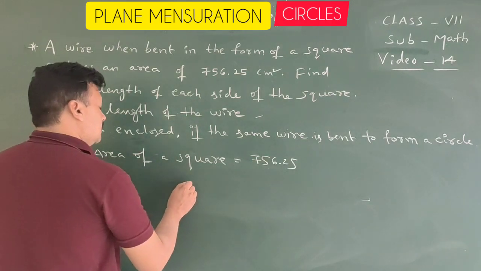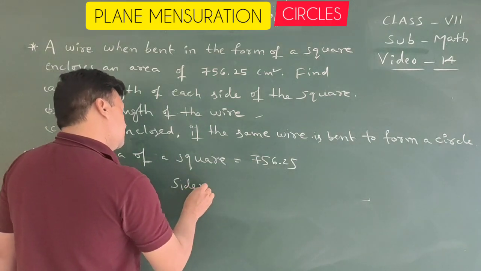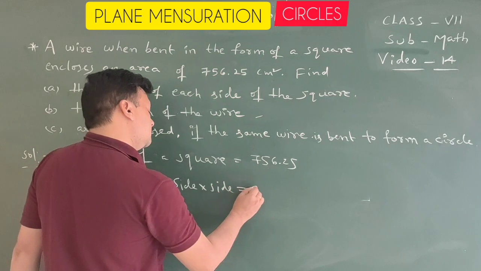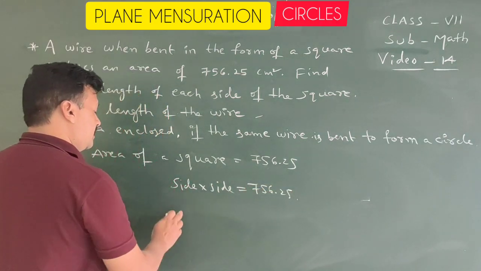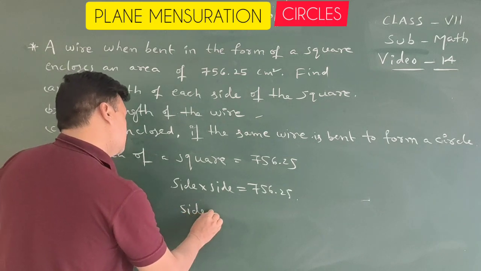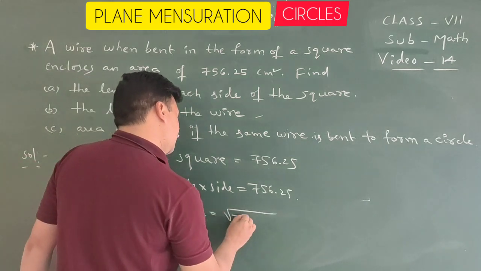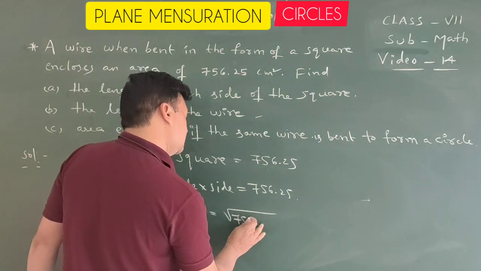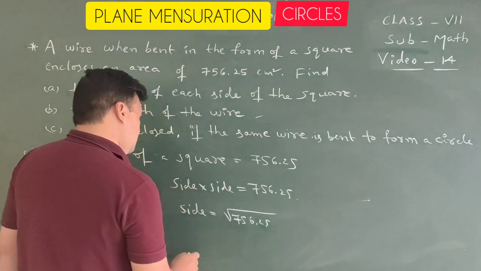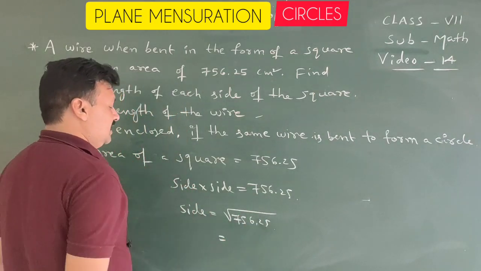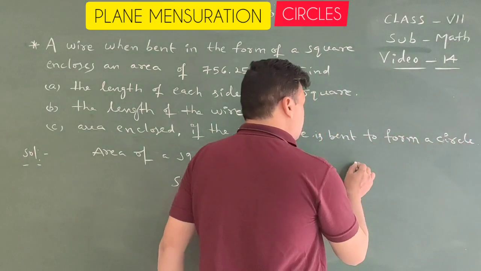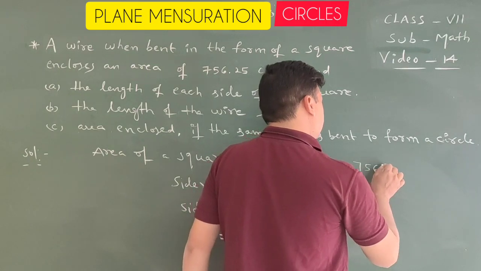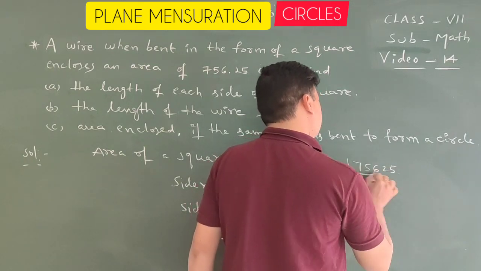So side into side equal to 756.25. So side equals the square root of 756.25. That is the square root of 756.25, meaning 75625.